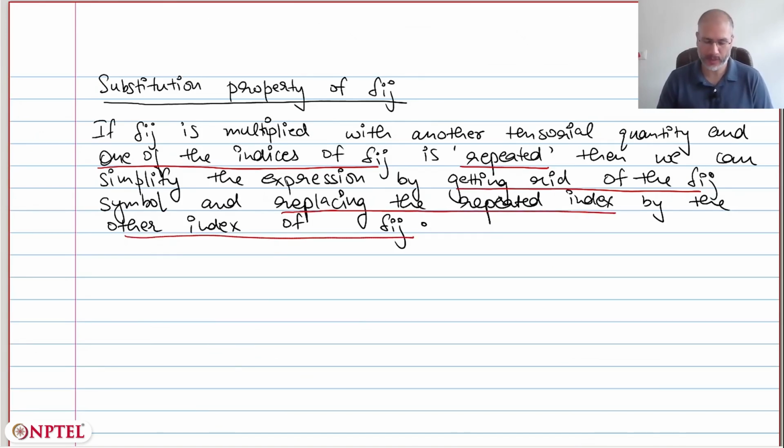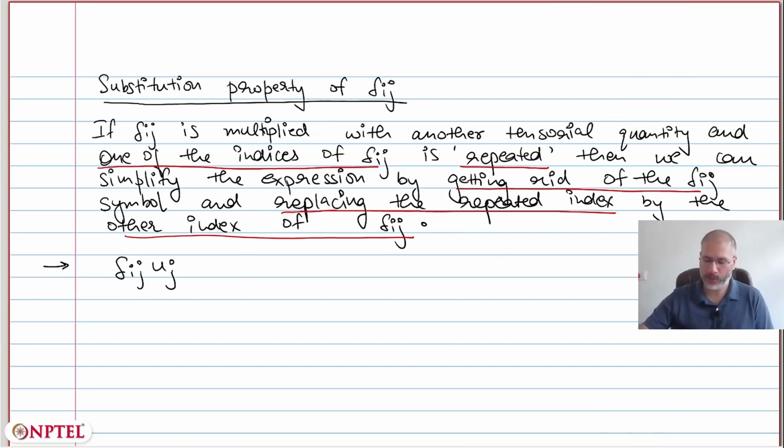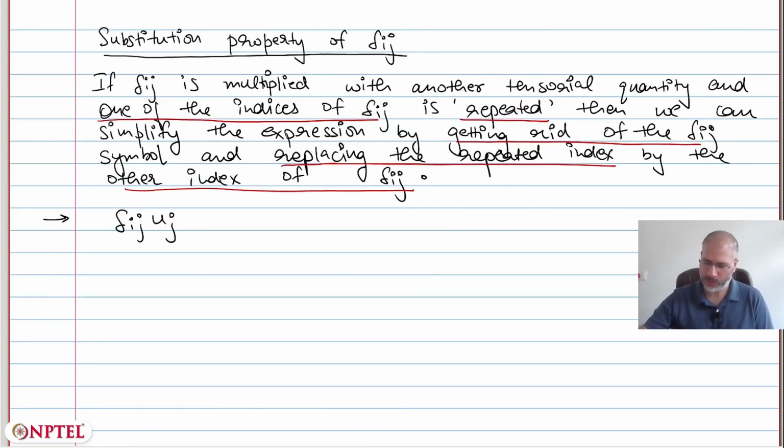So let's understand this through examples. We have an expression delta ij uj, and we want to use the substitution property here to simplify this expression. So let's read the property again.